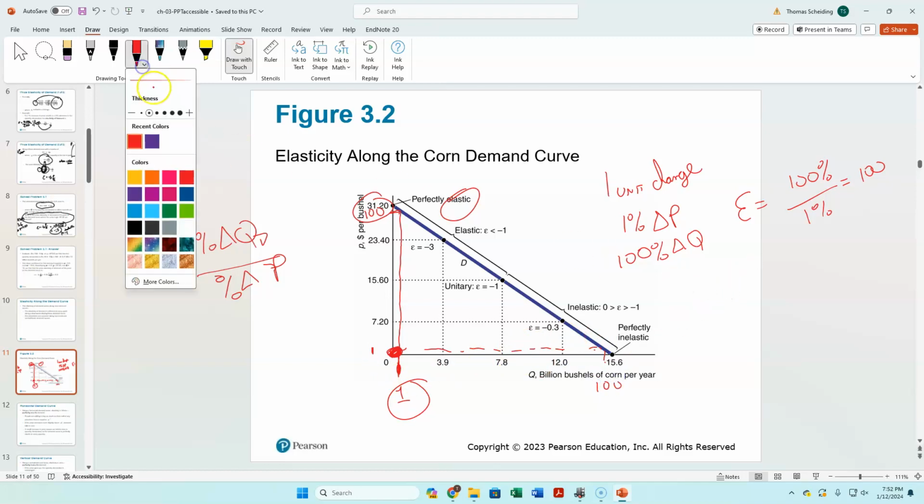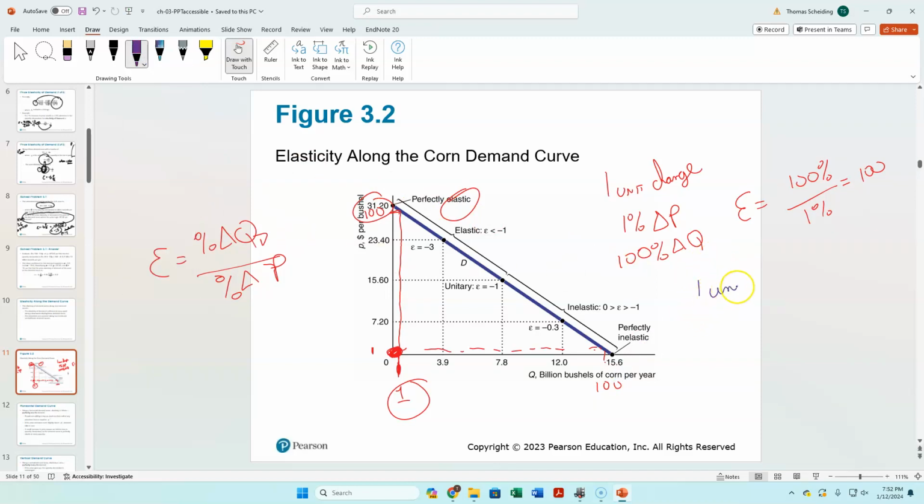For a 1 unit change here, I'd now have a 1% change in the quantity, and now I would have a 100% change in the price.